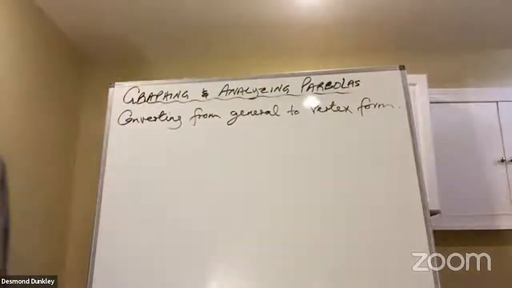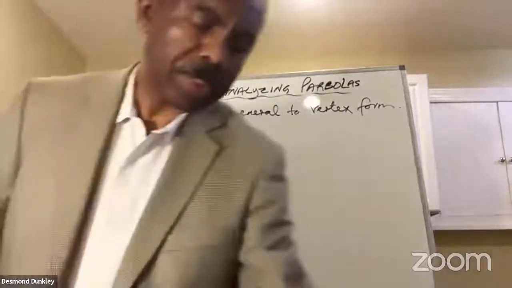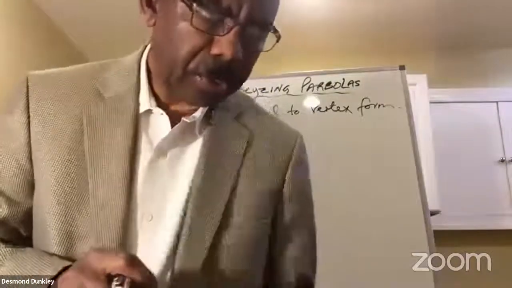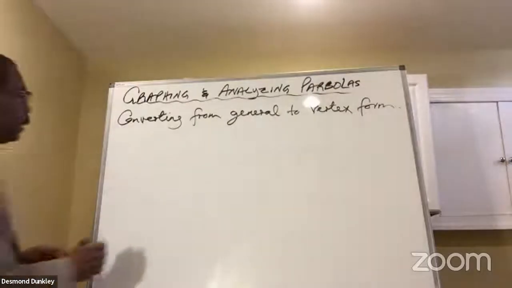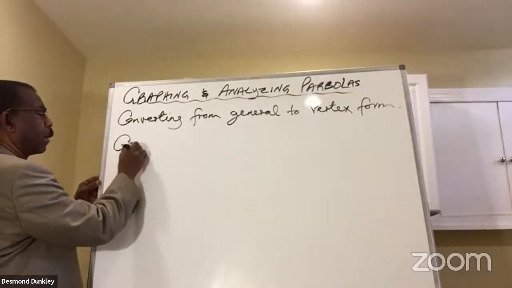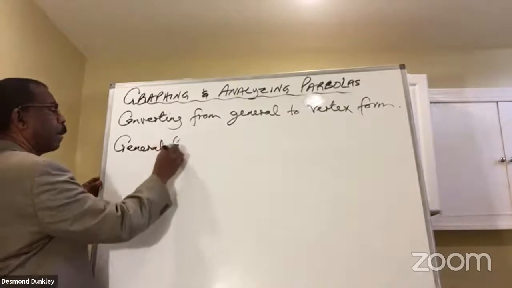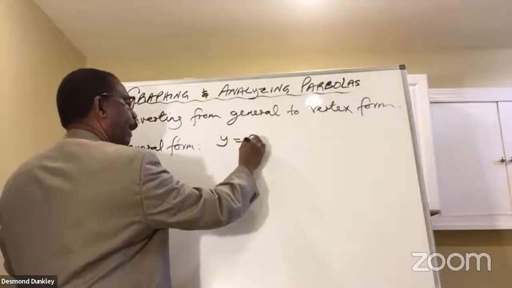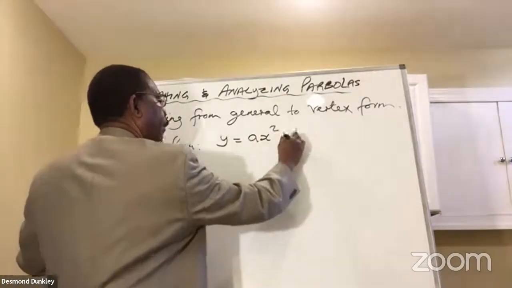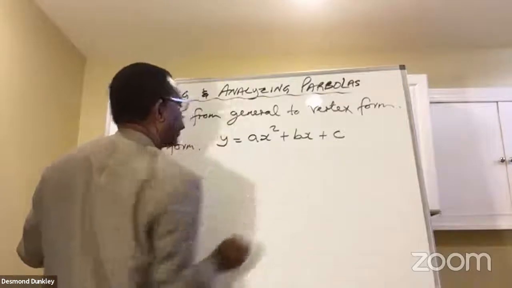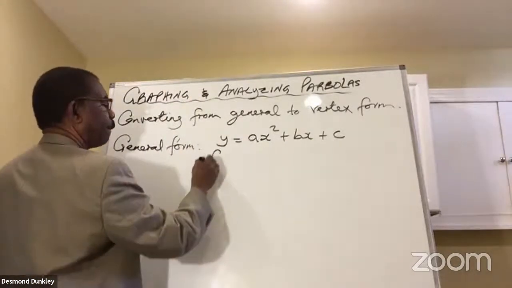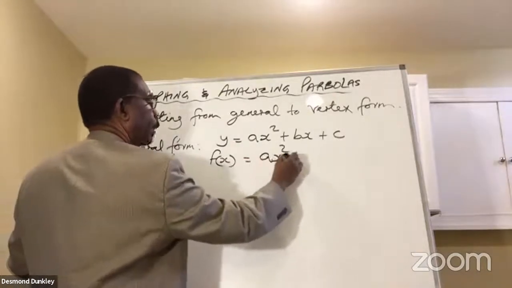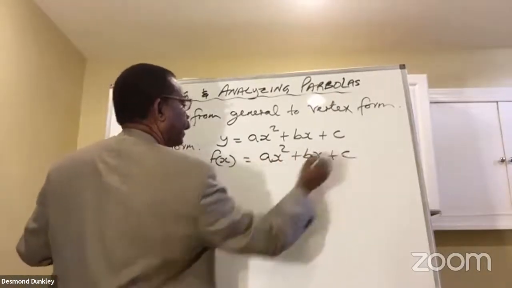So we need to be able to convert from the general form to the vertex form. And the best way to do this is first to define what the vertex form looks like. So general form is y equal to ax squared plus bx plus c. You can also write it as f of x equal to ax squared plus bx plus c.